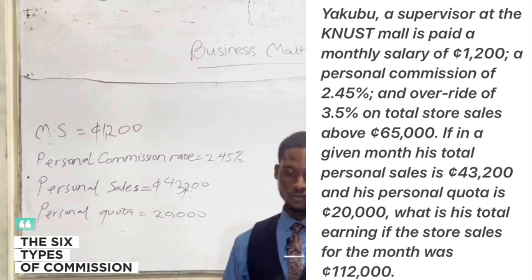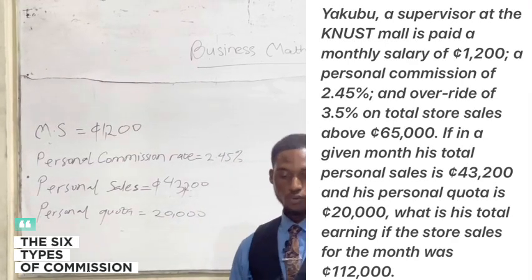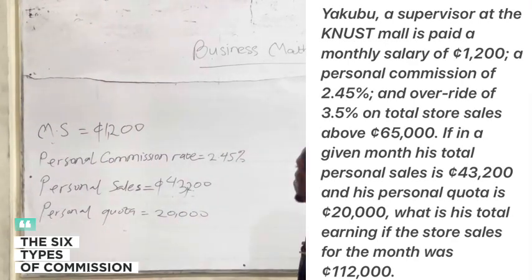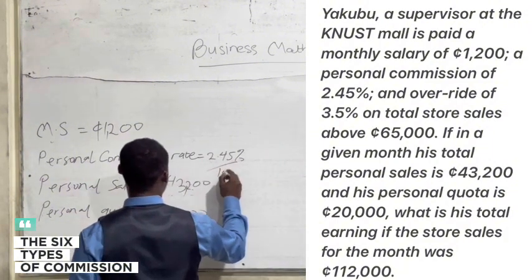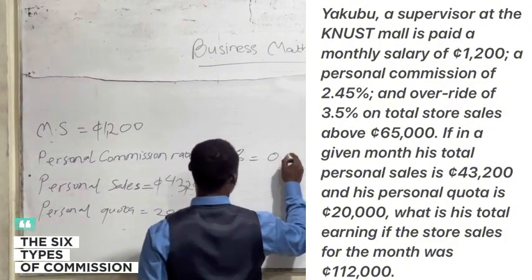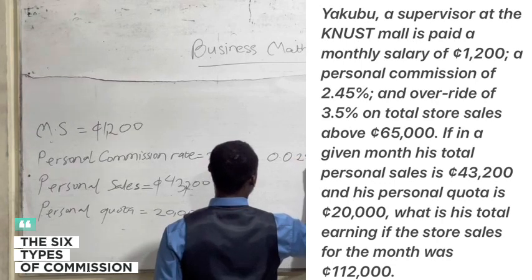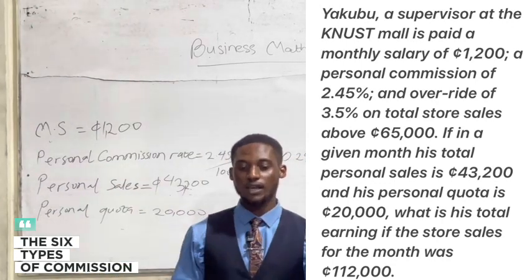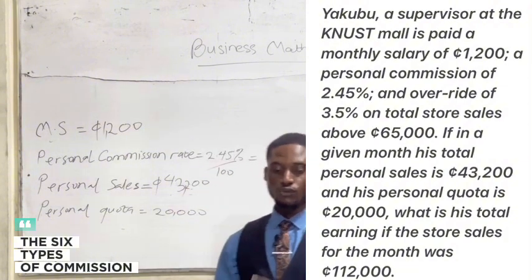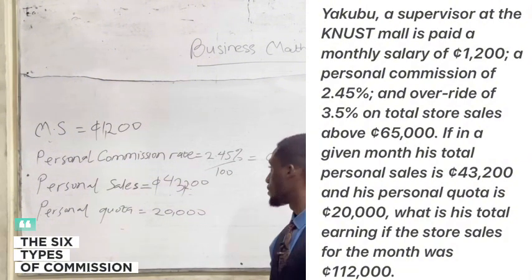And we have the personal commission rate to be 2.45, which will be divided by 100. So now, what then do we find? You have to first find personal commission.